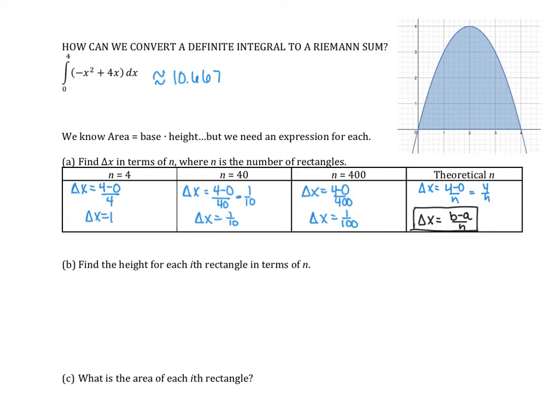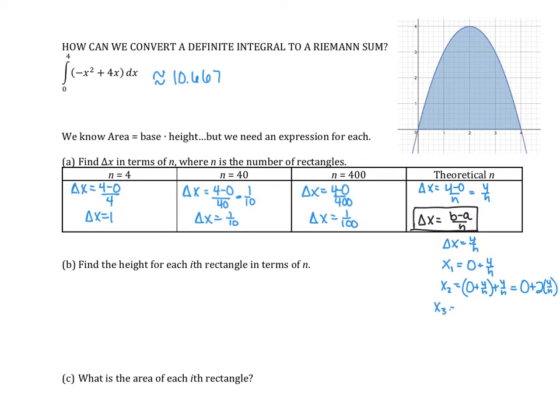So let's first think about the fact that if our delta x equals 4 over n, then the first x value that we come to is the starting value plus 4 over n. And then the next rectangle base that we start at would be the starting value plus 4 over n plus another 4 over n, which would be the starting value plus 2 times 4 over n.